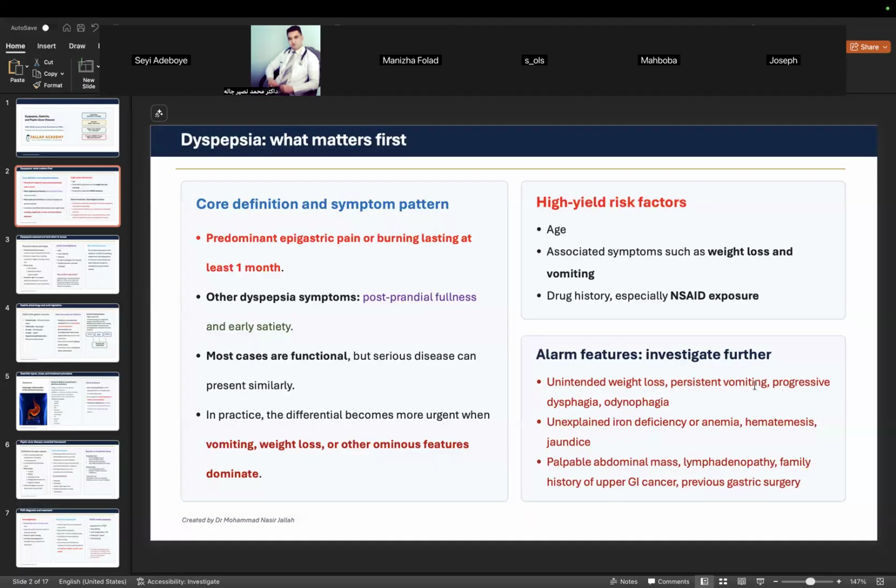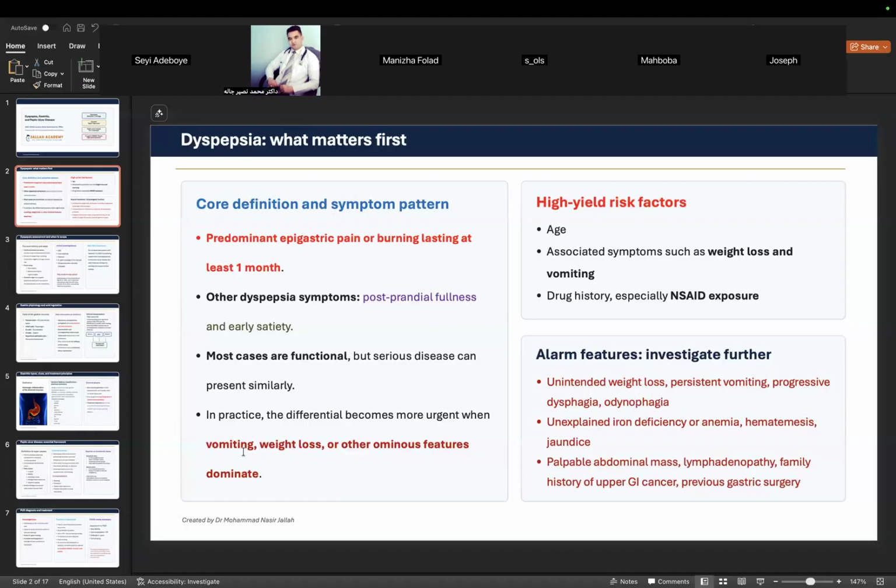It could be, as I mentioned before, vomiting, dysphagia, odynophagia, unexplained iron deficiency, if your ferritin is low, if your vitamin B12 is low, hematemesis, jaundice, palpable abdominal mass, lymphadenopathy, family history of upper GI bleeding or GI cancer, previous gastric ulcer. So these are the alarming things.